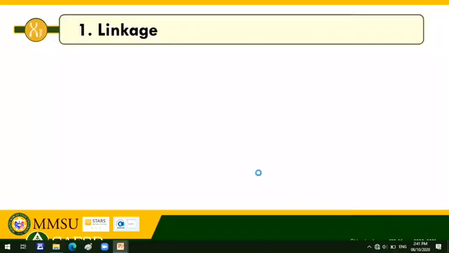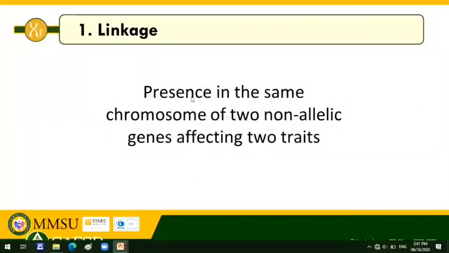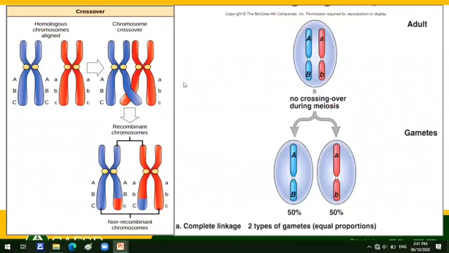When we say linkage, this is the presence in the same chromosome of two non-allelic genes affecting two traits. So linked genes violate Mendel's law of independent assortment. Instead of segregating and recombining in a random manner during gamete formation in meiosis, the genes are inherited together.